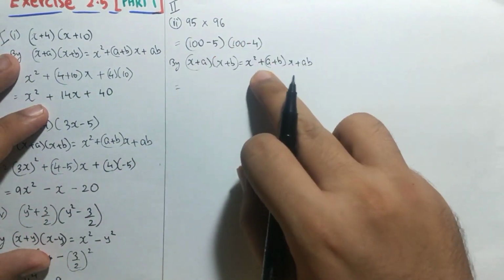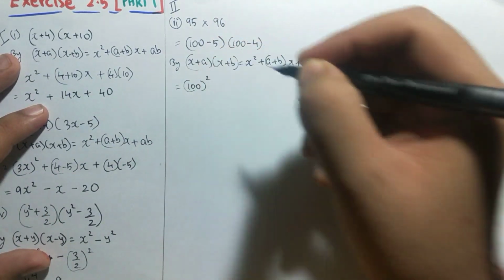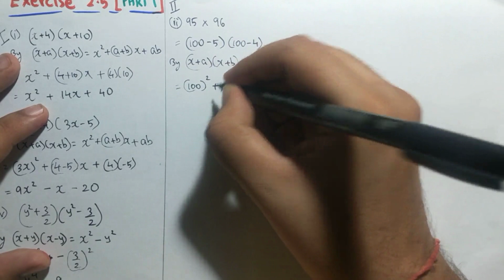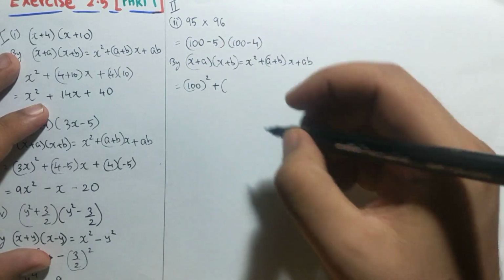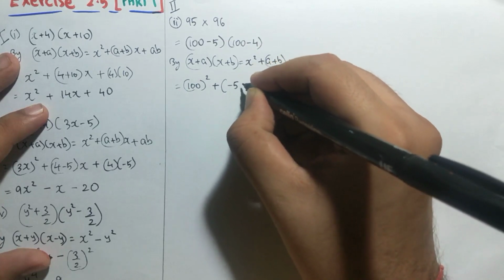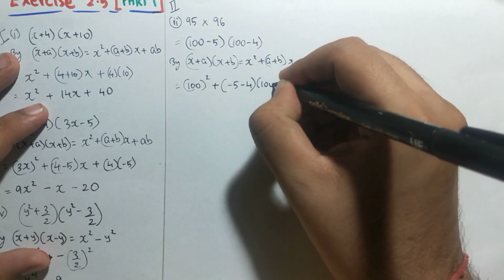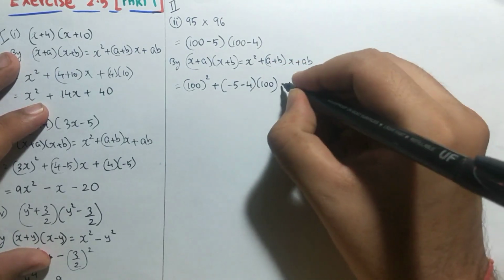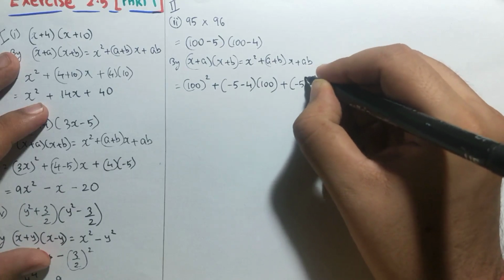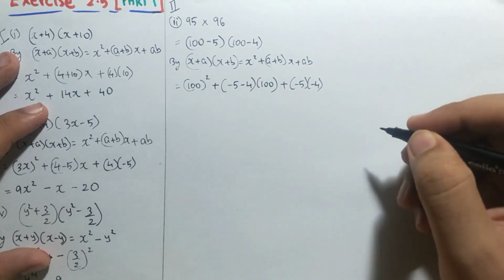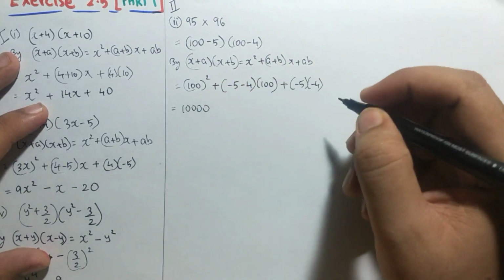So this will be x square, that is the first term squared. What is my first term? That is 100. So 100 square plus, here the sign is plus. In the bracket it is the addition of the two terms, but both terms are negative, so (minus 5 minus 4) into the first term, 100, plus the multiplication of both the second terms, that is minus 5 into minus 4. 100 square is 10,000.